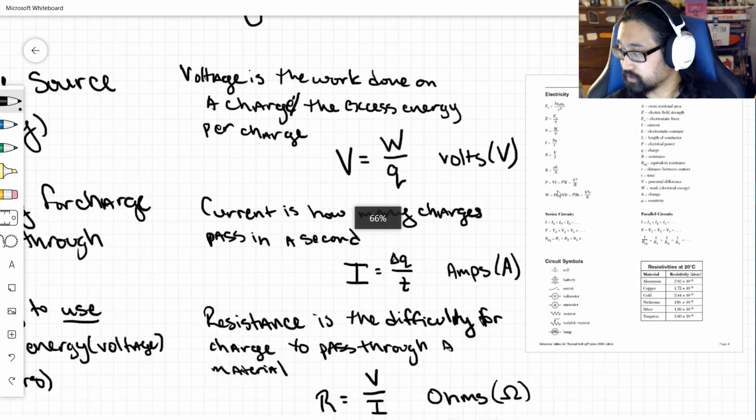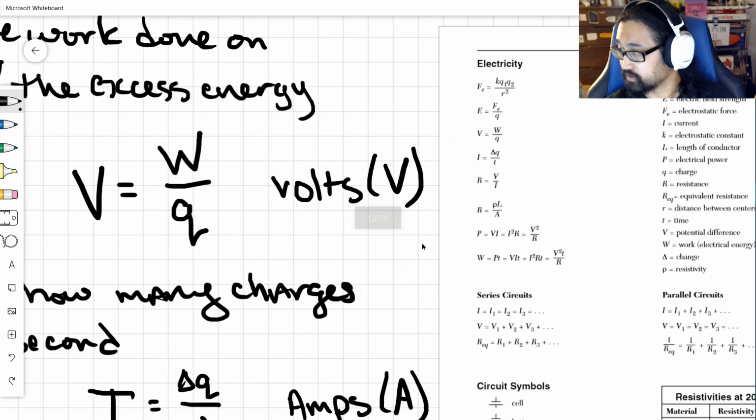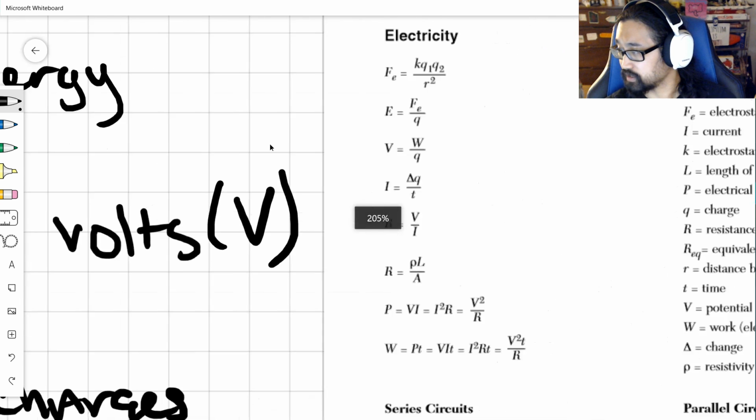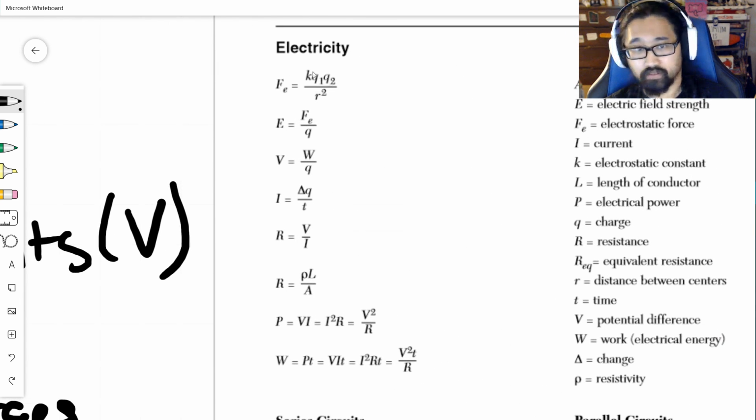On the reference table page, we are slowly but surely making our way through electricity. So we've talked about this law, which is Coulomb's law. We've talked about the electric field, that was in the last video. And now we've talked about these three equations here, right? The next two that I'm going to address are these two. I'm intentionally going to skip this resistance equation.